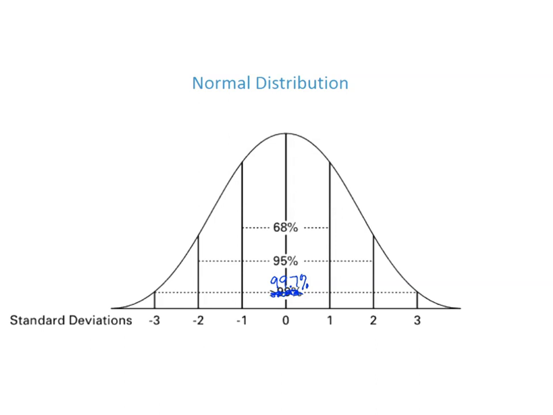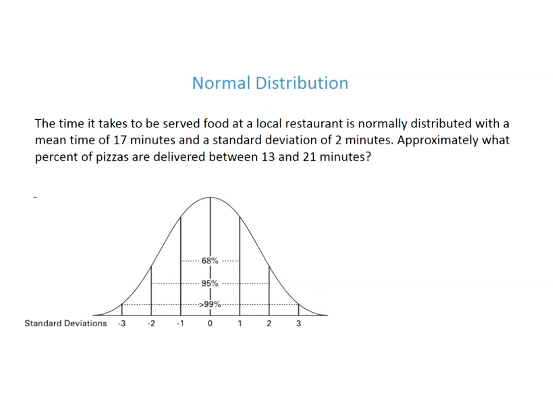All right, so now let's see how this is used in solving problems. The time it takes to be served food at a local restaurant is normally distributed with a mean time of 17 minutes and a standard deviation of 2 minutes. Now let's stop right there. A mean time of 17 minutes means that this right here is 17 minutes.